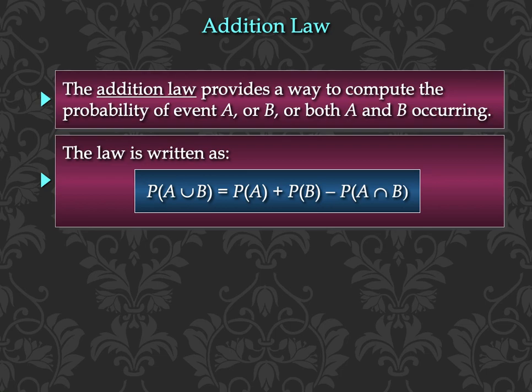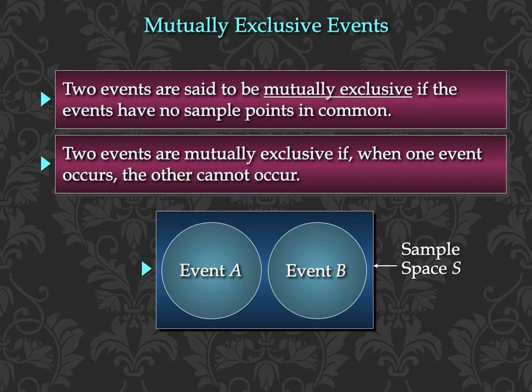The addition law provides a way to compute the probability of event A or B or both A and B occurring, which in symbols is denoted by the probability of A union B. That is given by taking the probability of event A plus the probability of event B, and we subtract the probability of the intersection of the two events involved. We will just go back to the addition law later on.